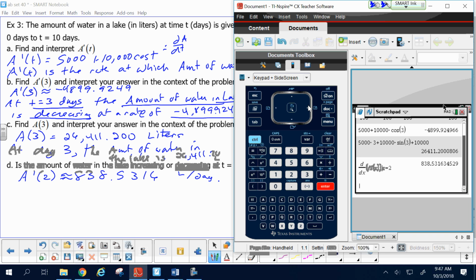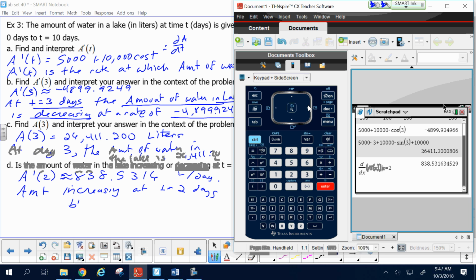Now let's answer the question. Is the amount increasing or decreasing at time 2 days? Increasing. Why? Okay, so you would have to say the amount is increasing at time equal 2 days because A prime at 2 is positive, or greater than 0.